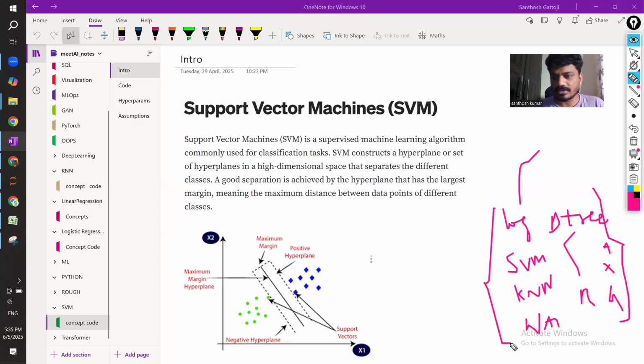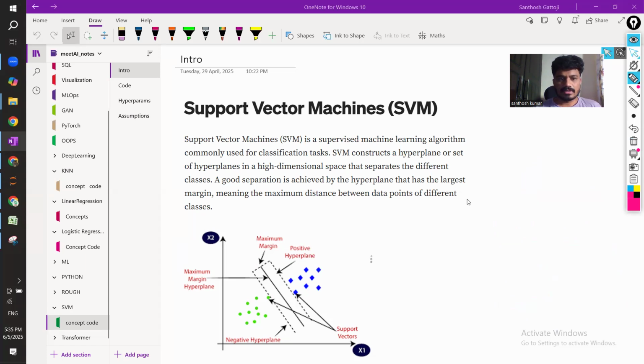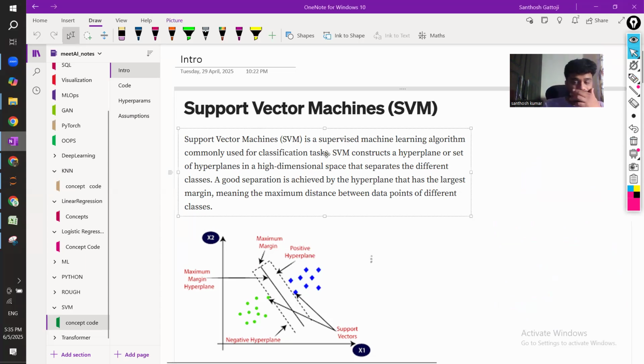All of these are classification models. The first thing we studied is logistic regression. Now, I thought of taking KNN, but the reason for taking SVM is that it is somewhat similar to logistic regression, and since you just studied logistic regression, it will be easy for you to understand SVM also.